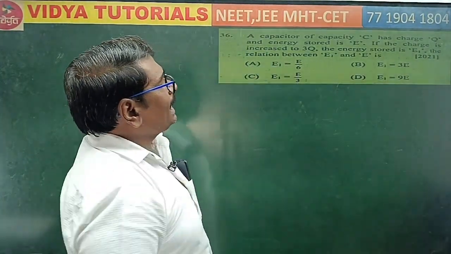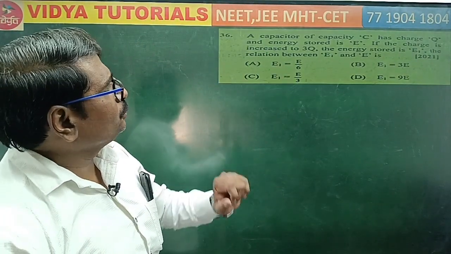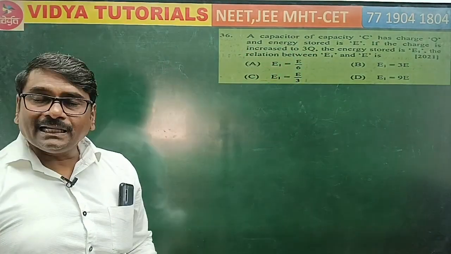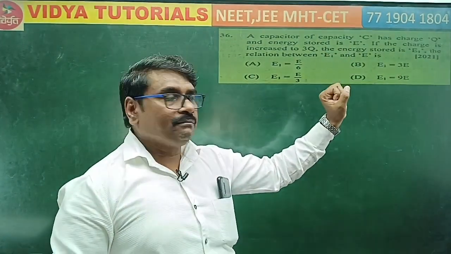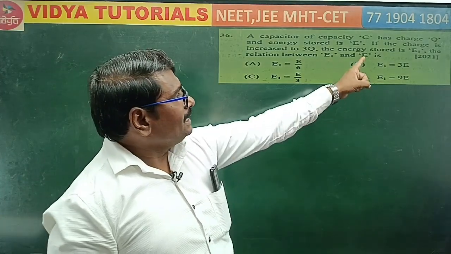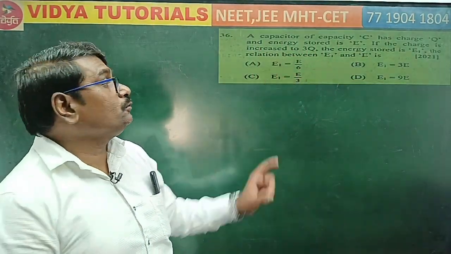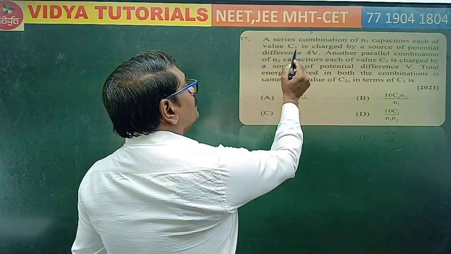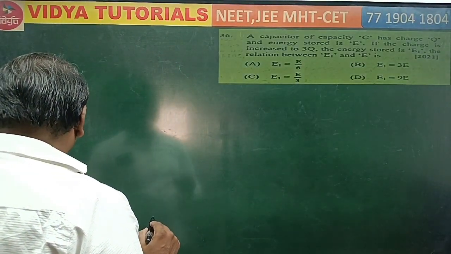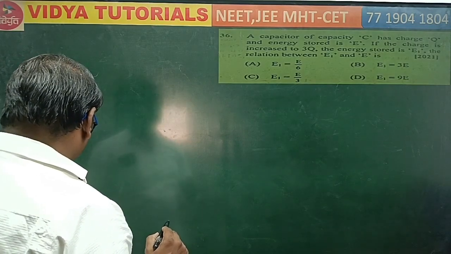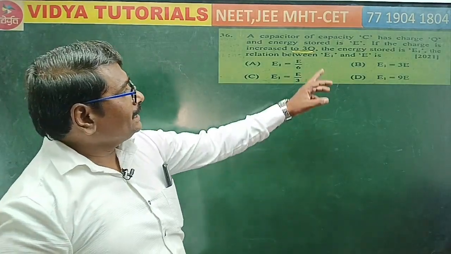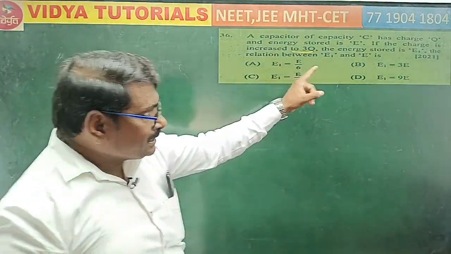A capacitor of capacity C has a charge Q and stored energy E. This is the first condition: one capacitor whose capacity is C, charge is Q and energy is E. Now the next condition is that the charge is increased to thrice Q, and the energy stored at that time is E1.